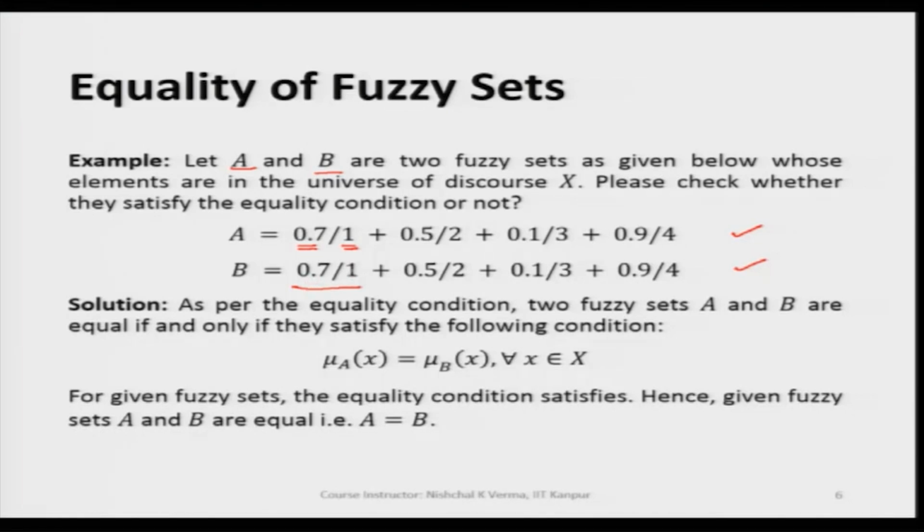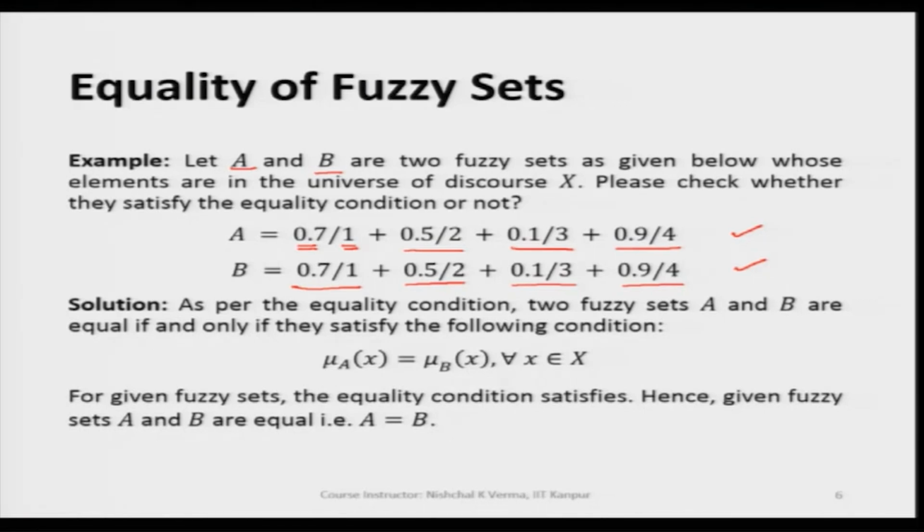So, for the same generic variable values, we have the same membership values. Similarly, if we look at all the elements of A and then all the elements of B, we see that we have exactly equal membership values for the generic variable values.